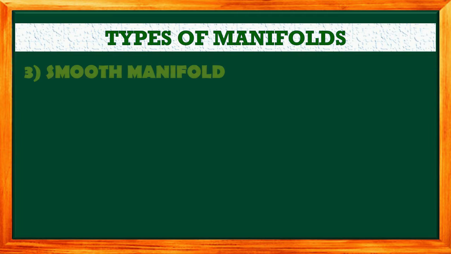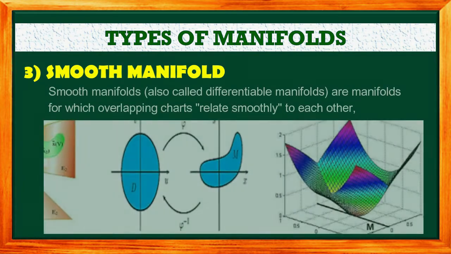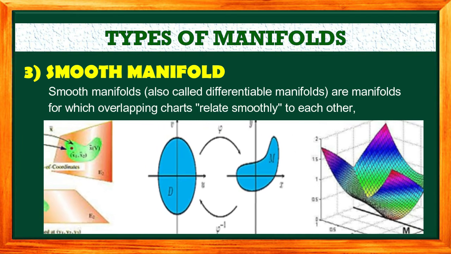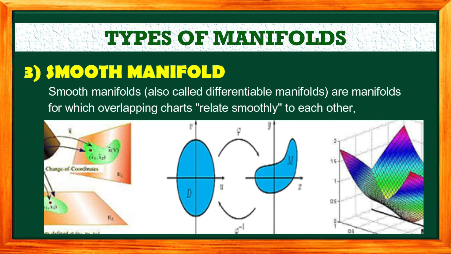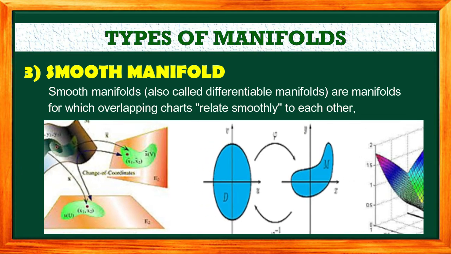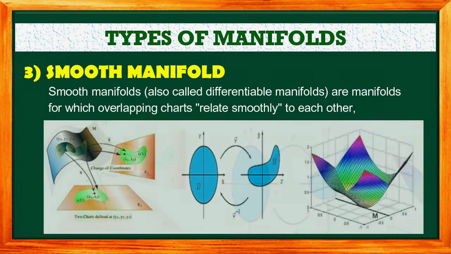The third classification is the smooth manifold. Smooth manifolds, also called differentiable manifolds, are manifolds for which overlapping charts relate smoothly to each other, meaning that the inverse of one followed by the other is an infinitely differentiable map from Euclidean space to itself.